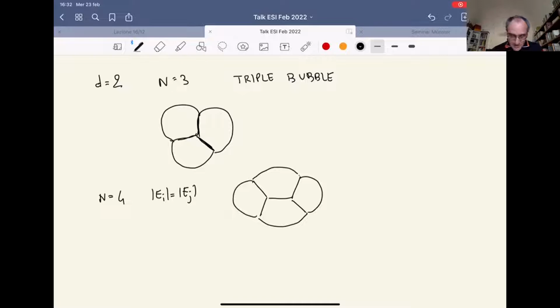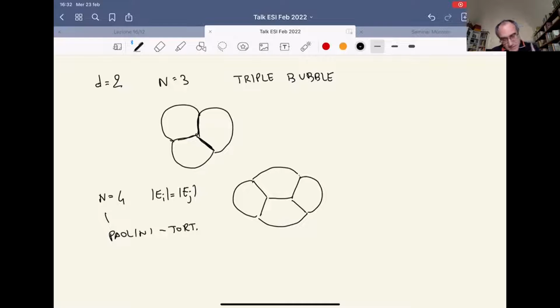For n equals 4, this was a recent result by, I think, Paolini and Tortorelli. In fact, there was a previous paper by Paolini and Tamanini, and then Paolini and Tortorelli.